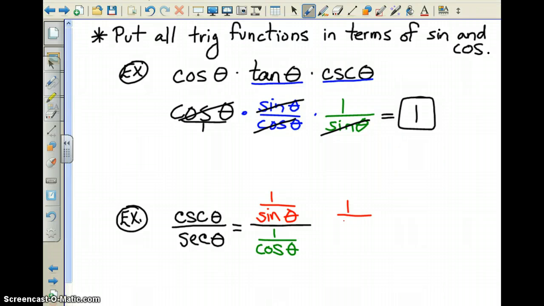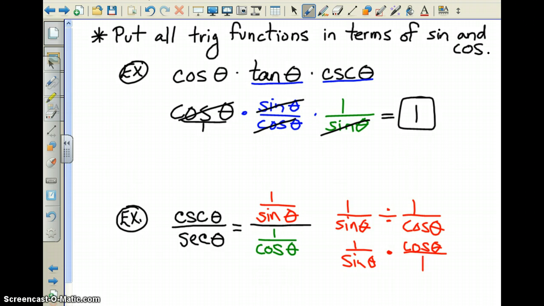If I do 1 over sin divided by 1 over cos, that really means I'm multiplying by the reciprocal. So 1 over sin times cos over 1. And when I multiply in the numerators, 1 times cos, I'll get cos.